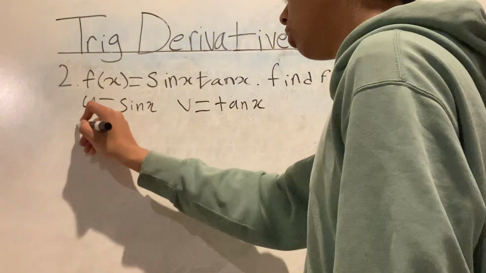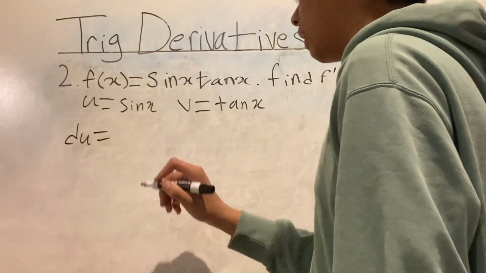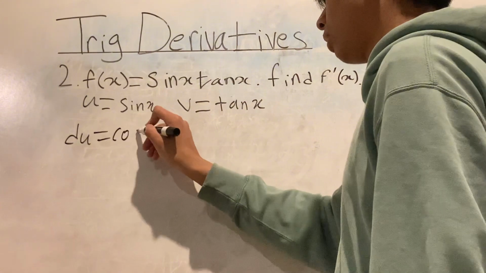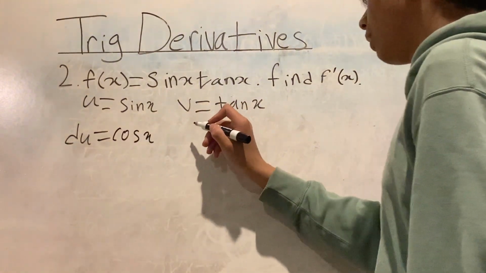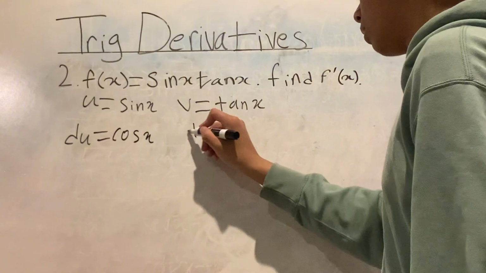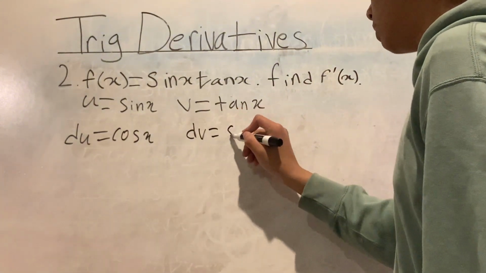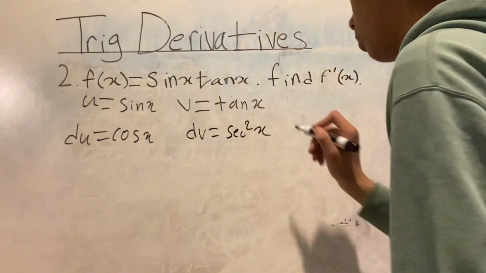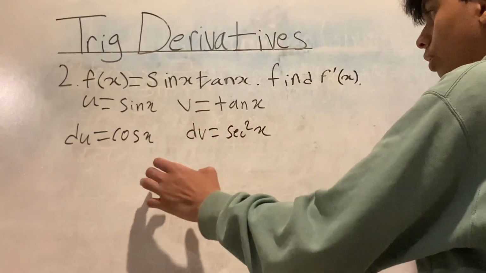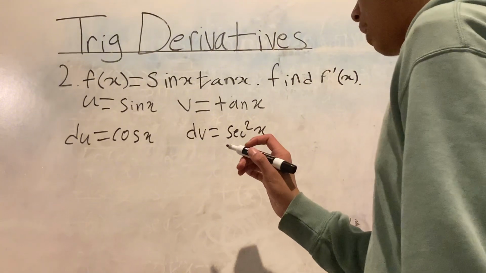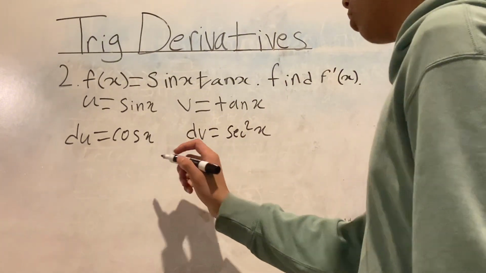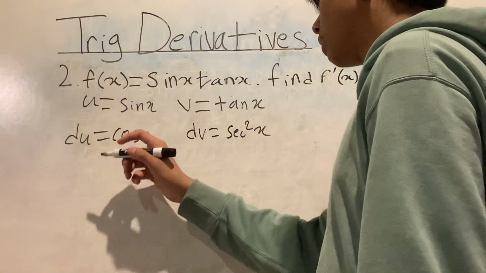And now du, just the derivative of sine x, is cosine x. And the derivative of v is secant squared x. So we have u, v, du, dv. Okay, now let's put it into the product rule, which is just v du plus u dv.